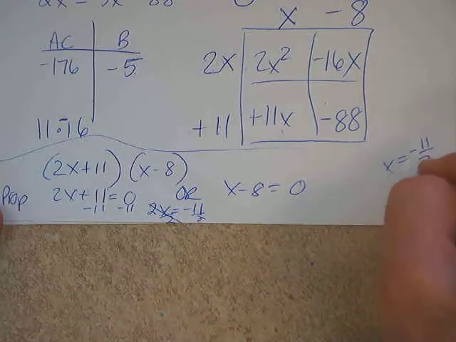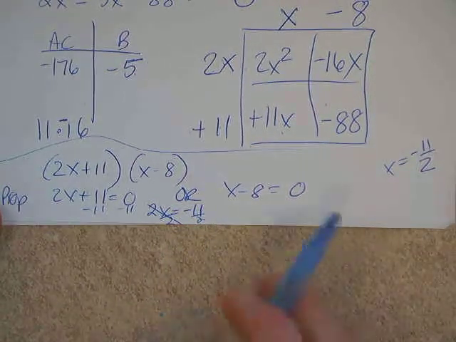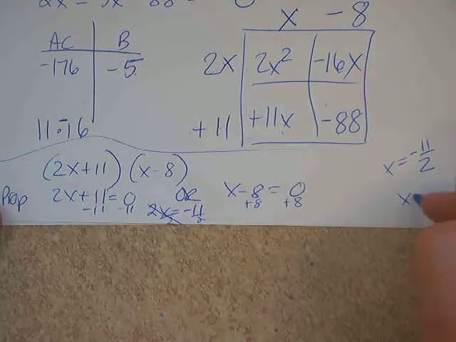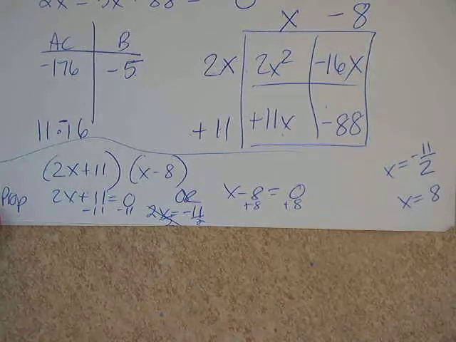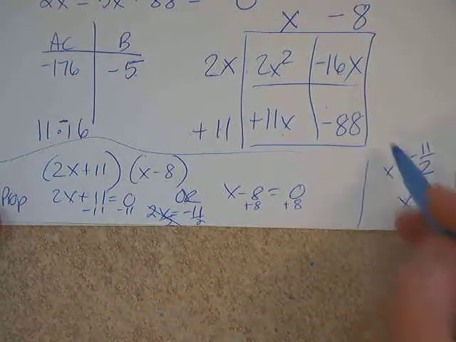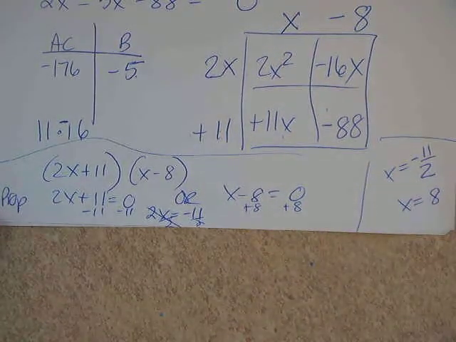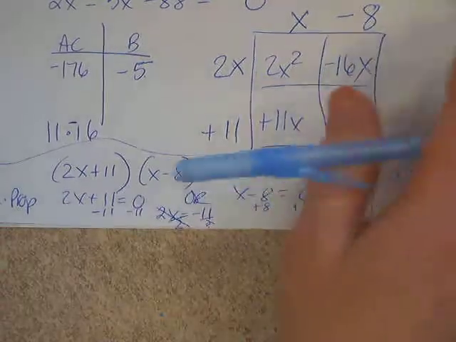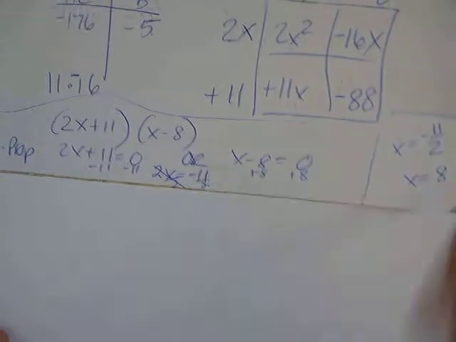I would have to divide out the 2. So x would be negative 11 over 2. That's one of my solutions. Here I just get to add 8, right? So x would equal 8. So those are my two solutions.